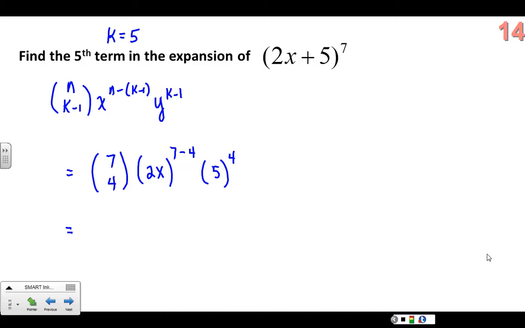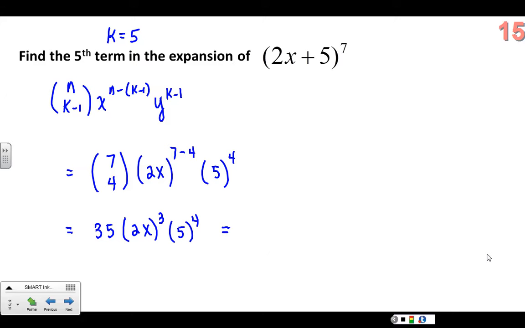So 7 choose 4 will be 7 factorial divided by 4 factorial divided by 3 factorial. That's 35 times 2x to the third times 5 to the fourth.